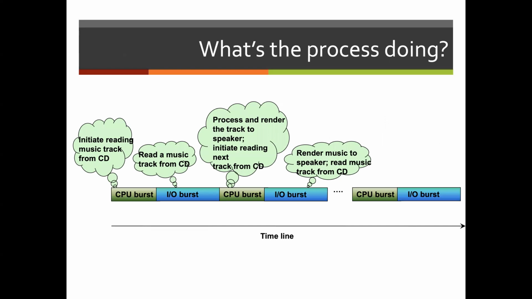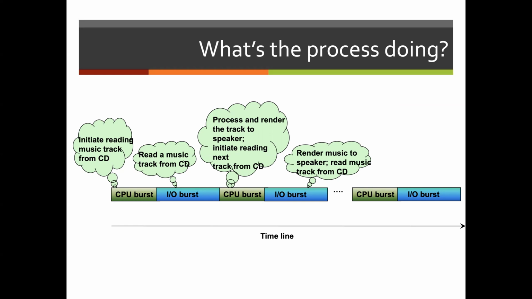And so we want to consider, we've introduced the idea of processes, tasks, threads and jobs. So what exactly occurs when a process, or what does a process do when it is executing on our system? A pretty straightforward example that might be a little outdated is reading music from a CD.